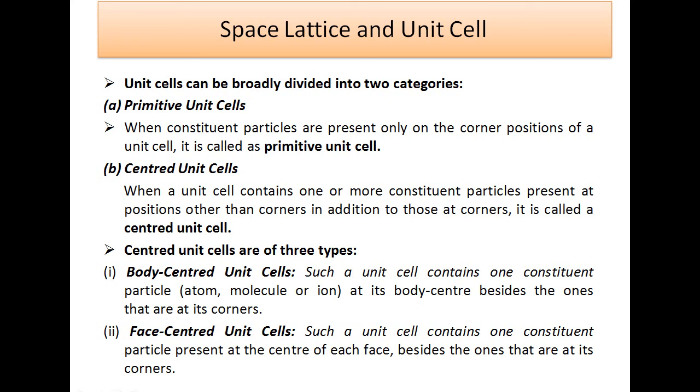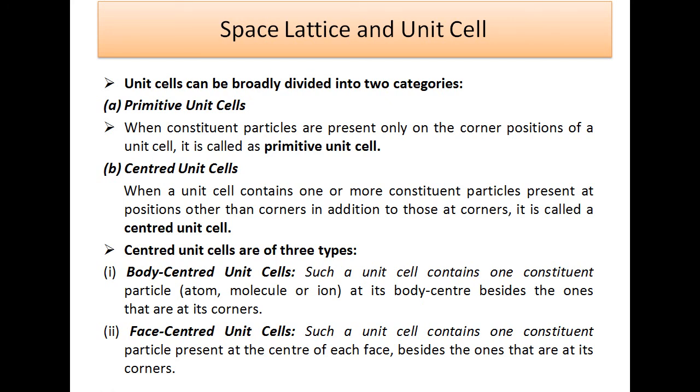This means we will have particles present at the center of a face or the center of the body of the unit cell in addition to the particles at the corners. If the particles are present at other positions in the cell in addition to the corners, we call it a centered unit cell.